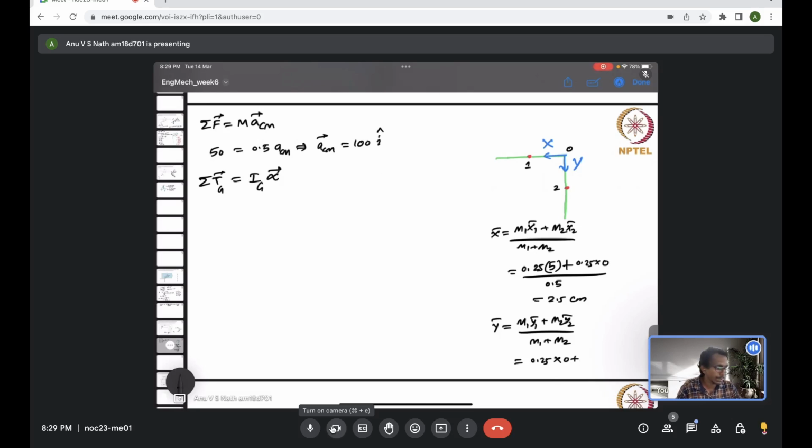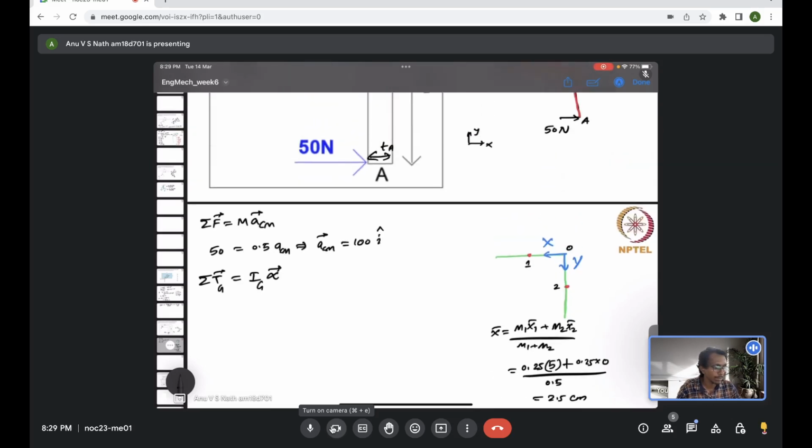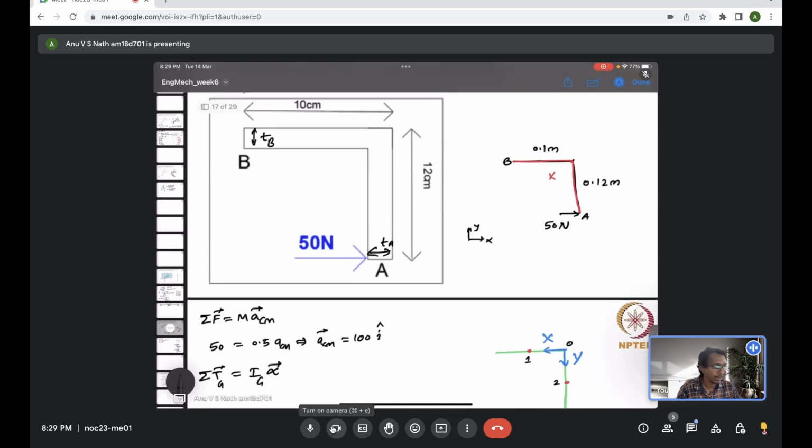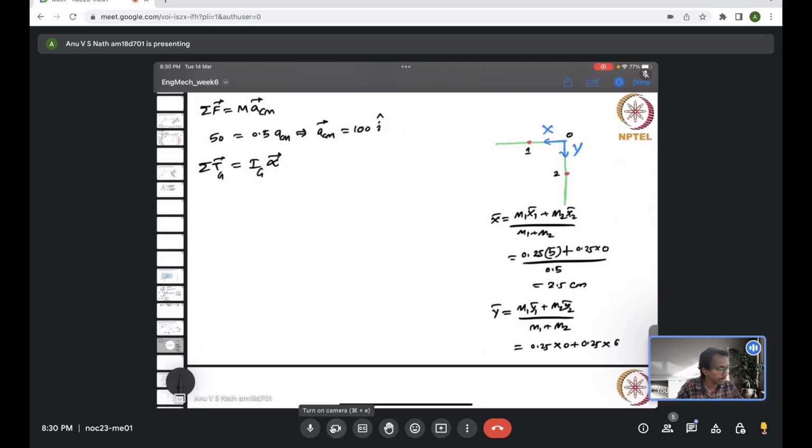Then m2, which is 0.25 times y2 bar, which is the point 2 from the origin O, half of the 12 centimeter, which is 6 centimeter, the whole divided by the total mass, which is 0.5, and you will see this is going to be 3 centimeter.